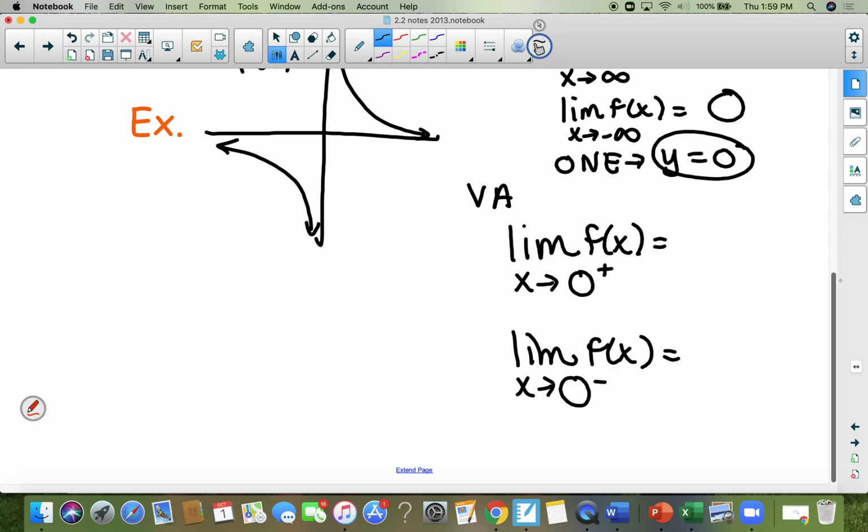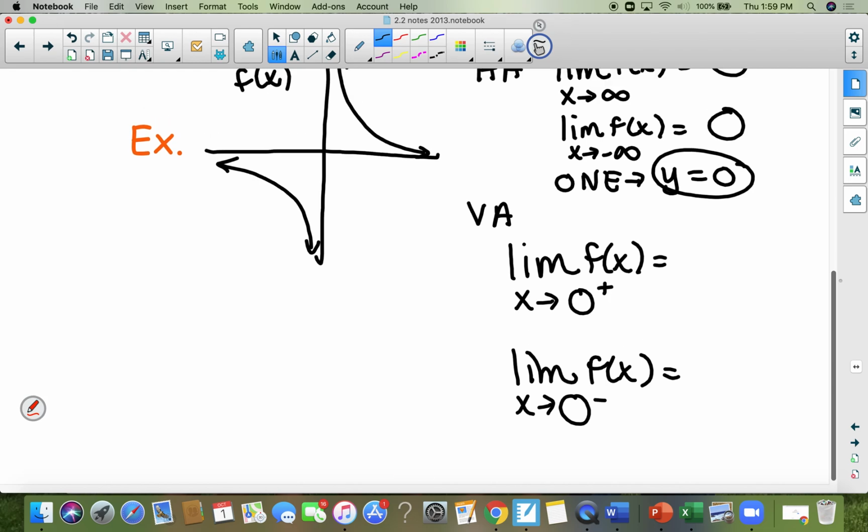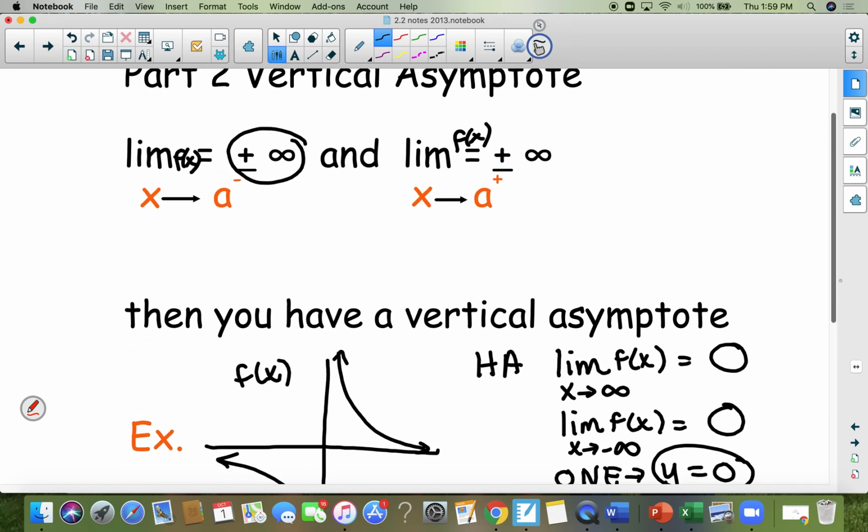You're approaching 0 from the right and 0 from the left. Okay, let's go back to the vertical asymptote. See the terminology of the vertical asymptote? You're approaching a number, and your answer is going to be infinity or negative infinity.